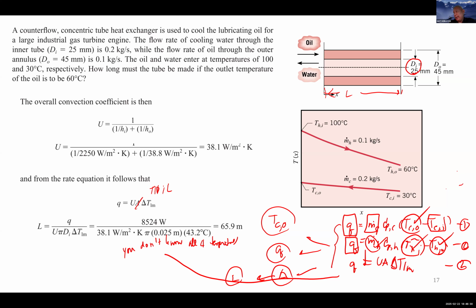There, I have 4 temperatures right there, and that allows me to use the log-mean temperature difference.